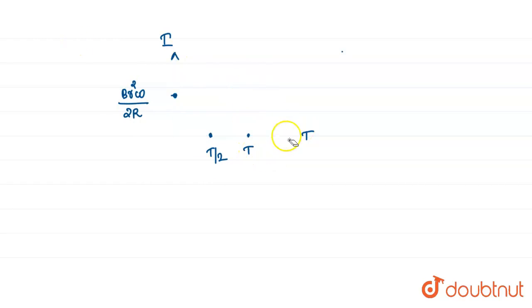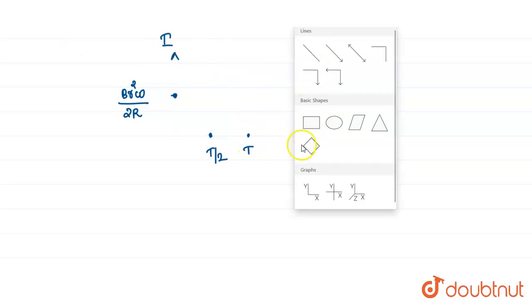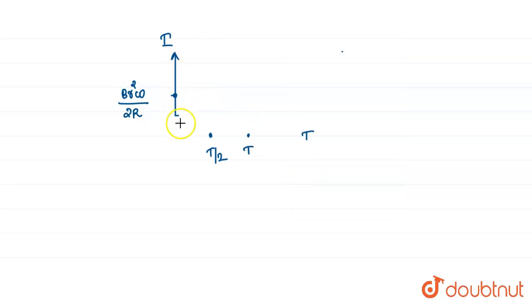Let me extend this graph. Here the next is 3T by 2, and next is 2T.